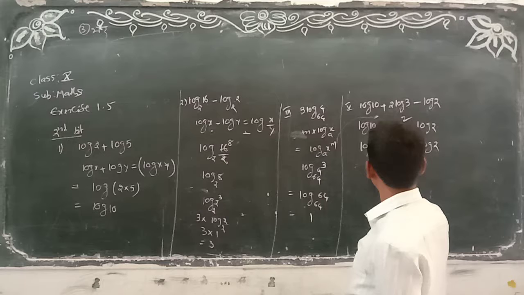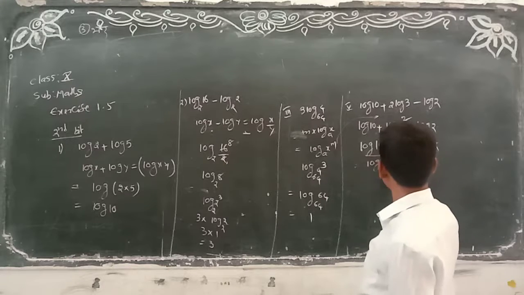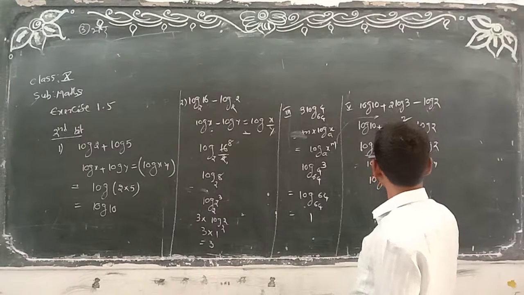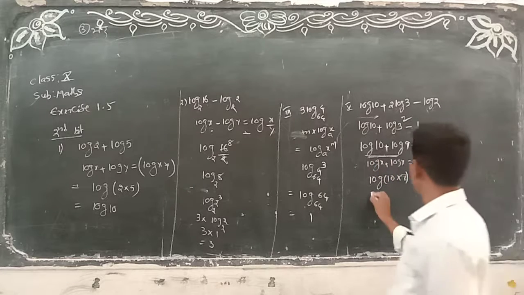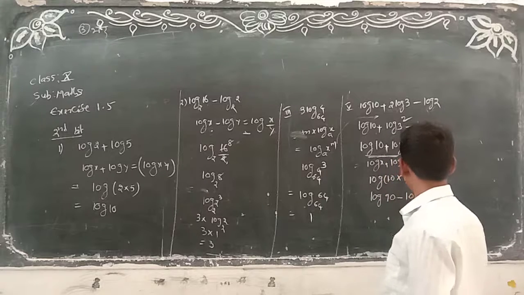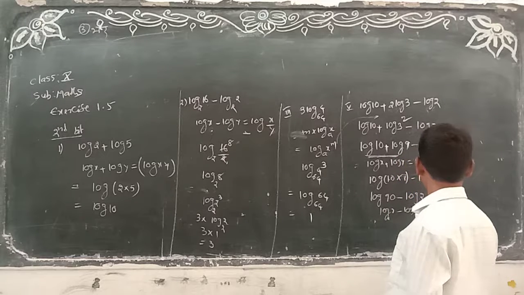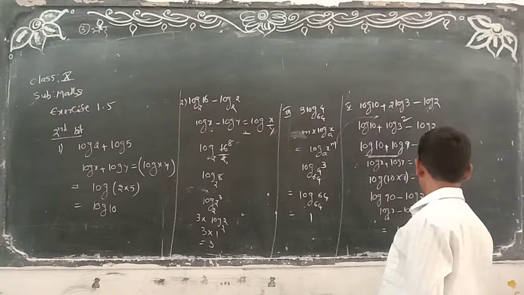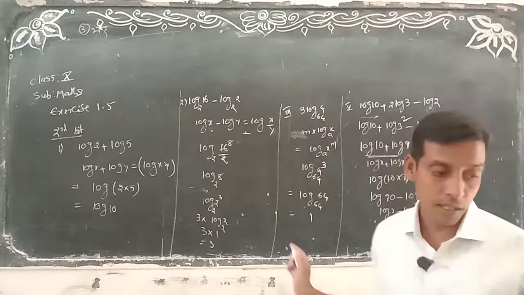Next here log 10. This is the formula log x plus log y is equal to log xy. Only these two. We can get what? Log 10 into 9 minus log 2. Okay. Next, log 10 nines are 90 minus log 2. So what is the formula here? Log x minus log y is equal to log x by y. That means here log 90 by 2. 2 ones are 2, 2 fours are 8, so total answer what here? Log 45. Once see all the problems.